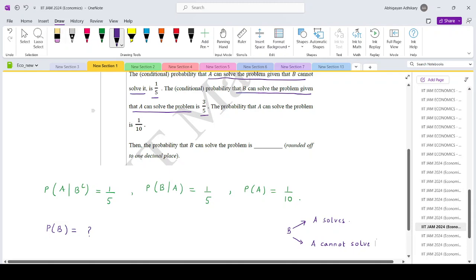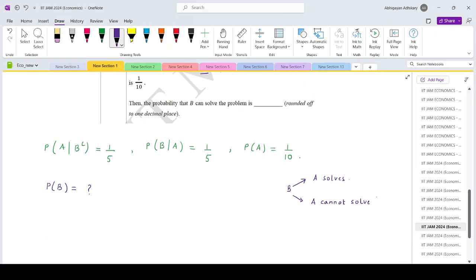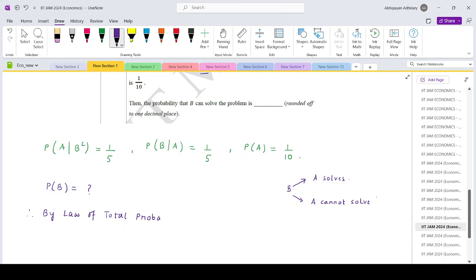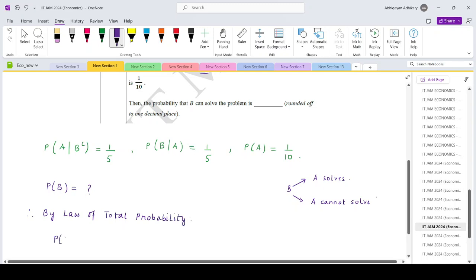Okay, that means we can use the law of total probability for this question. So by the law of total probability, the unconditional probability of B would be probability of B given A into probability of A, plus probability of B given A complement into probability of A complement.